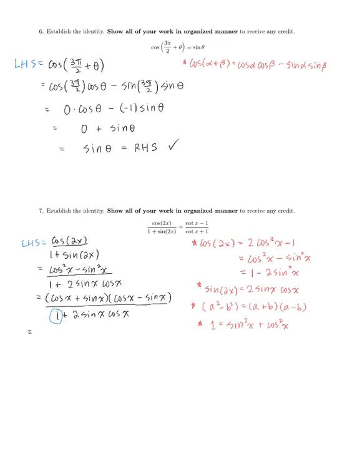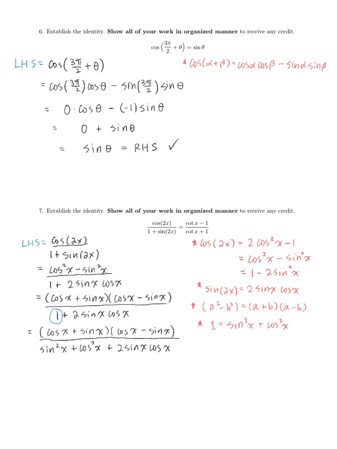So here what we're going to get is cosine of x plus the sine of x, cosine of x minus the sine of x, whole thing over, now that 1 I'm going to replace with sine square of x plus the cosine square of x, plus 2 sine x cosine of x.